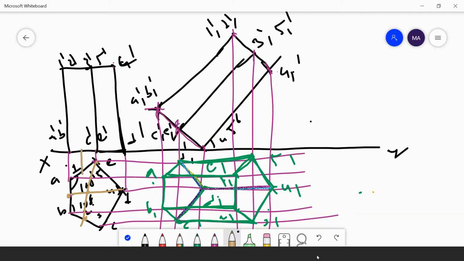I am projecting this axis line. Here it is C dash. Here it is O dash. C4 will be your axis.